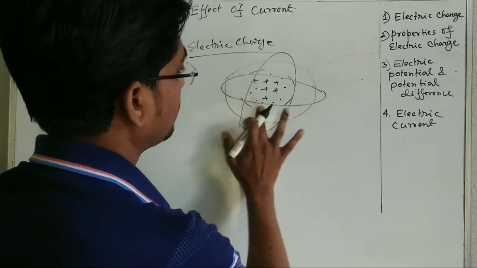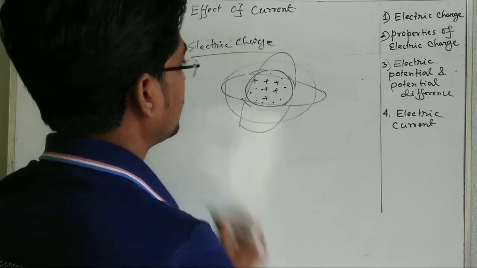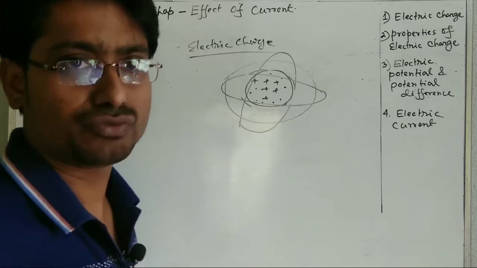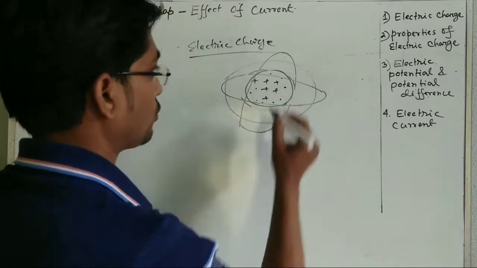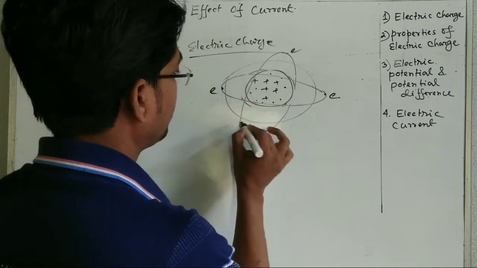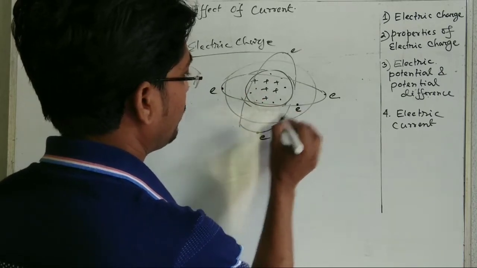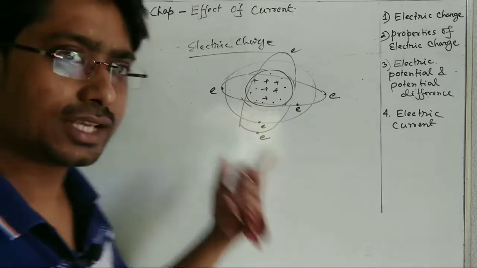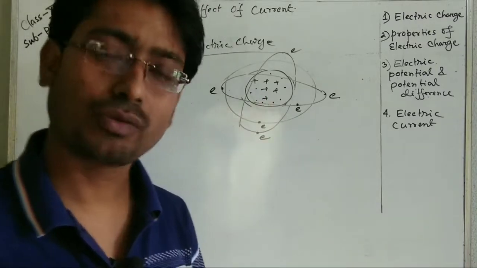I have drawn here 1, 2, 3, 4, 5, 6 protons. As the atom is neutral, 6 electrons will be there also: 1, 2, 3, 4, 5, and then 6. So as a whole, the atom of any substance is neutral.